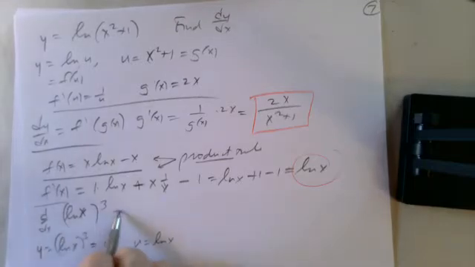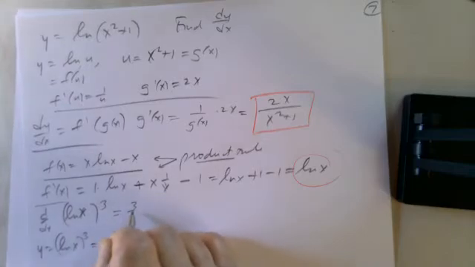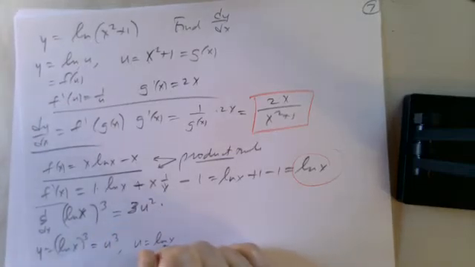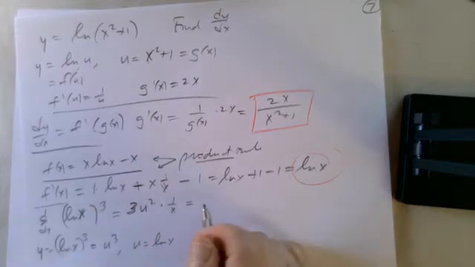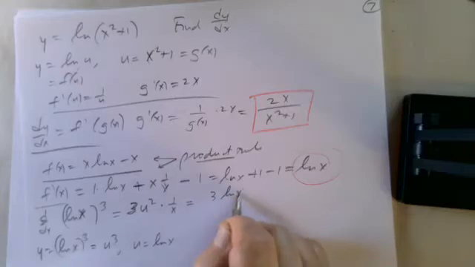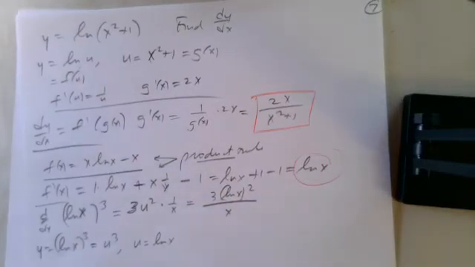So by the chain rule, this is going to be the derivative of u cubed, which is 3u squared, times the derivative of log x, which is 1 over x. So with u as log x, it's 3 log x squared divided by x.